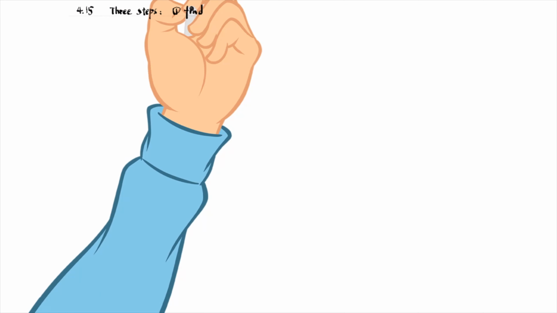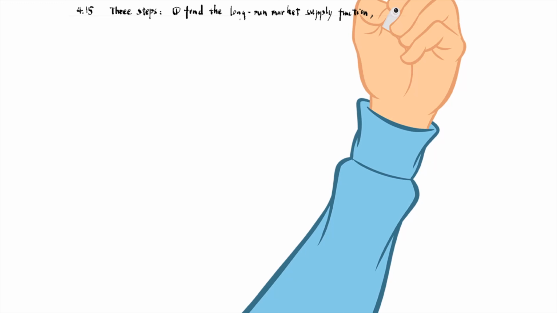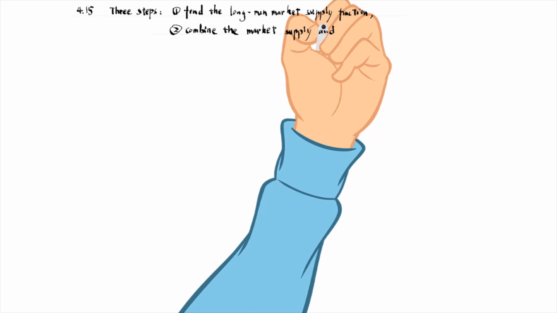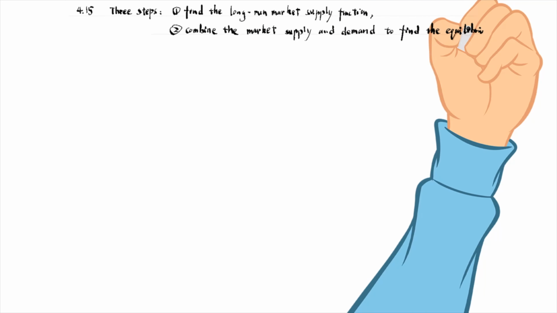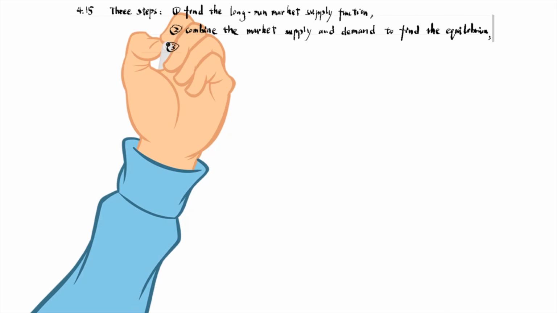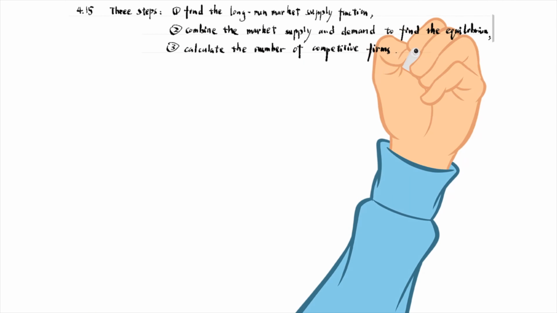We can solve the problem in 3 steps. First, we find the long-run market supply function. Second, we combine the market supply and the market demand to find the market equilibrium. Finally, we calculate the number of competitive firms that can supply the market equilibrium quantity.